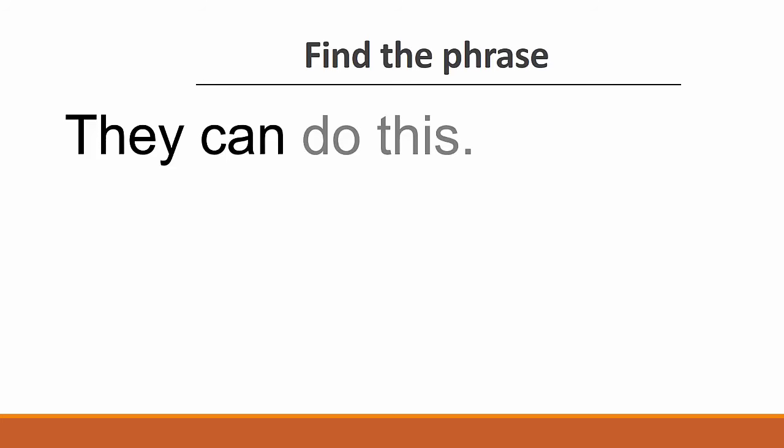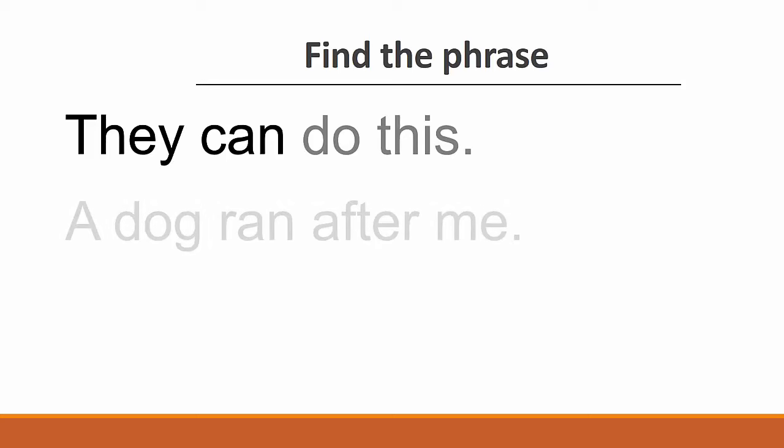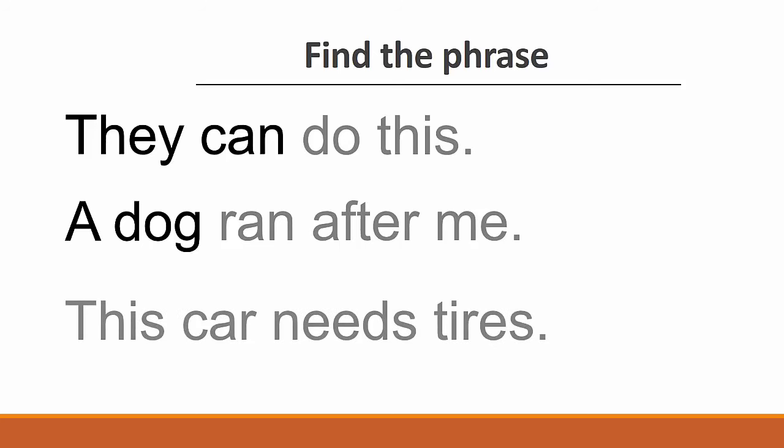The first two words, they can do this. The second one is a dog. The sentence is, a dog ran after me. Could you see a dog in that sentence? The third one was this car. Can you see the words, this car, in the sentence?